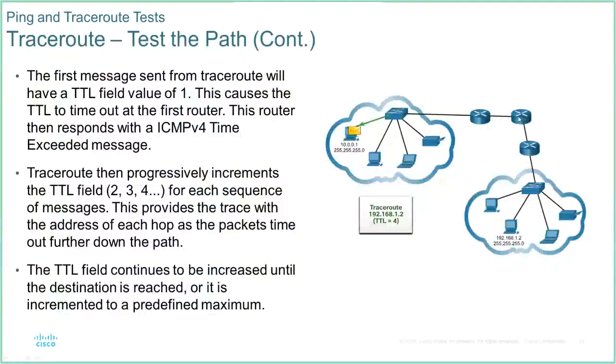So we could then, using traceroute, log in remotely to these two devices to work out what the issue is, why these two devices are no longer talking to each other.